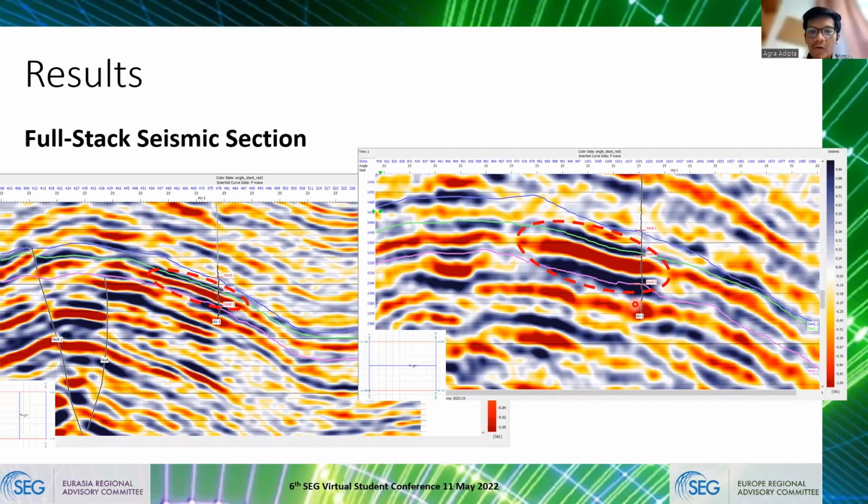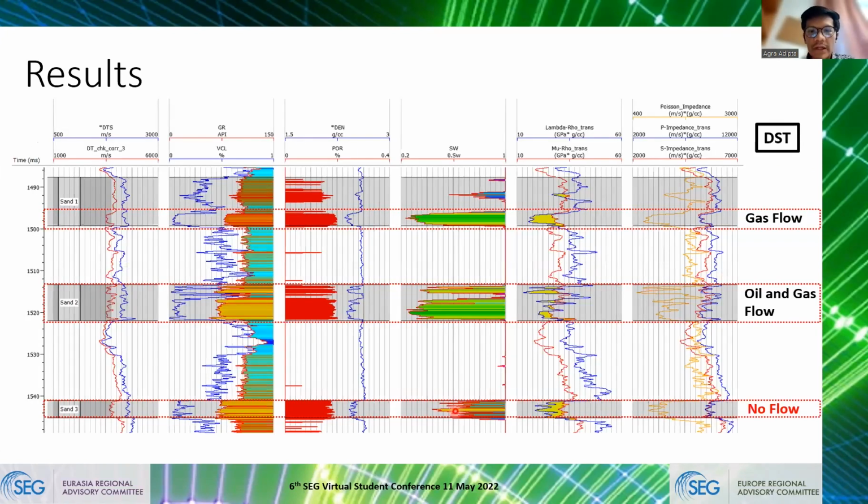Looking at the well data, we have calculated the petrophysical parameters and also transformed them into lambda rho, Poisson impedance, and P and S impedance. We can see that there are distinctive characteristics on the presence of fluids, as shown in this yellow scheme.